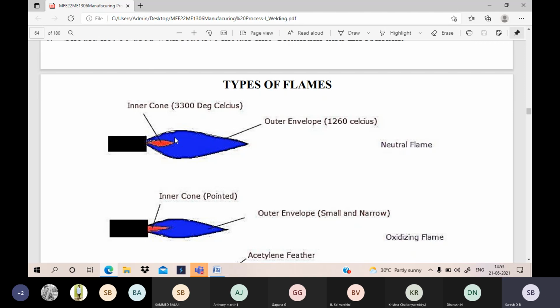Why is there so much difference in temperature? What is the main reason? Because the concentration of gas is less on the outer side. One more reason is the external atmospheric temperature and pressure.